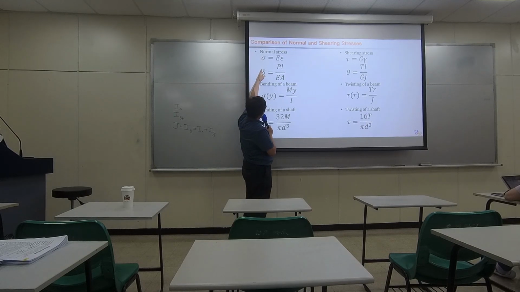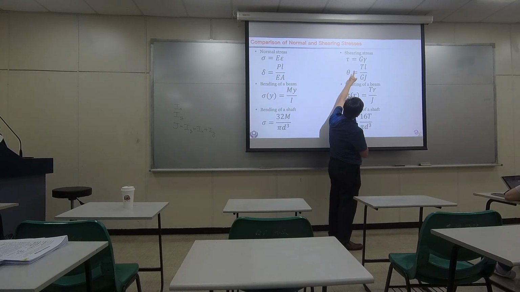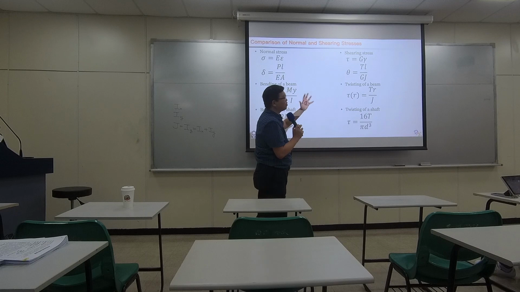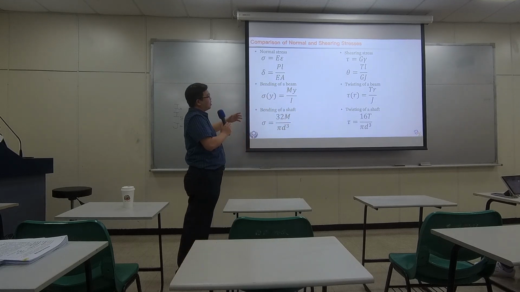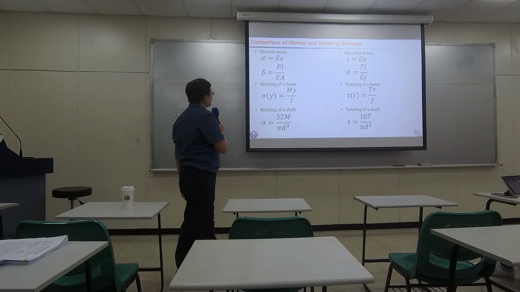Stress equals Young's modulus times your strain. Shearing stress equals shear modulus times your shear strain. Okay, very similar equations, but completely different phenomena. One is normal to a surface, the other one is lying on the surface.